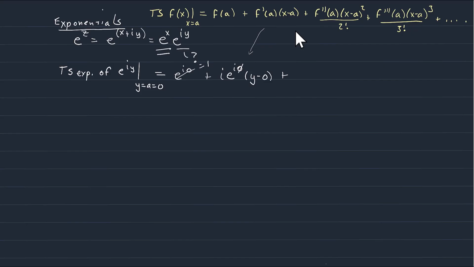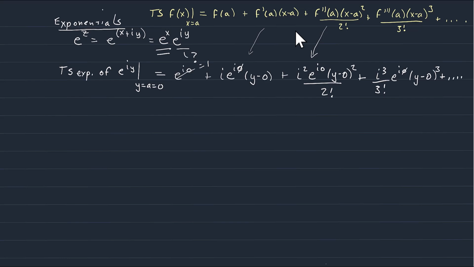The second derivative term: we take the derivative of i e to the iy, and that becomes i squared e to the i0 times y minus 0 squared all over 2 factorial. Then we take a third derivative. That's an i times an i squared, so an i cubed over 3 factorial, e to the i0 times y minus 0 cubed, plus higher order terms.